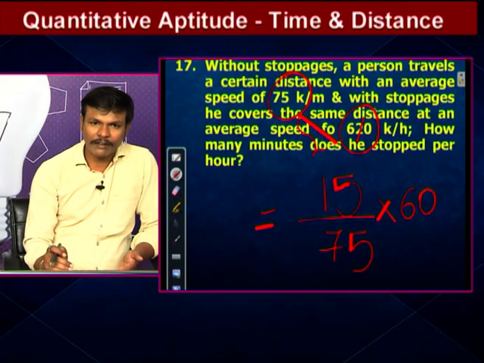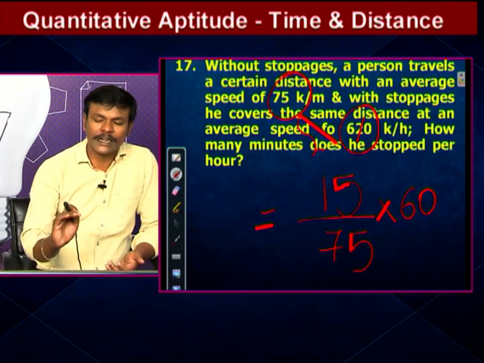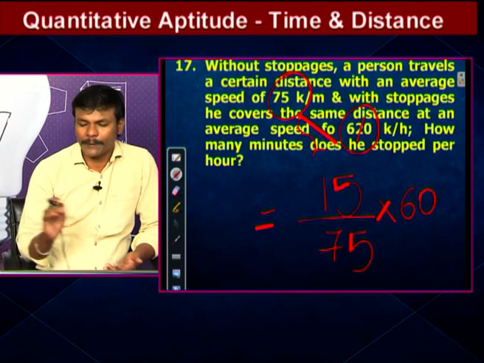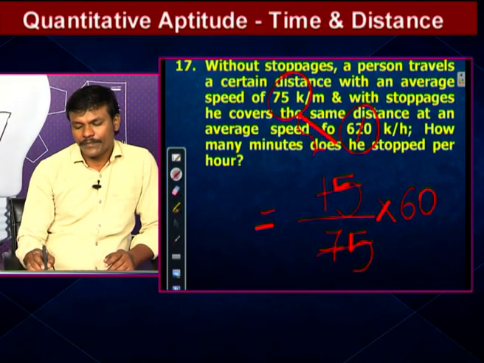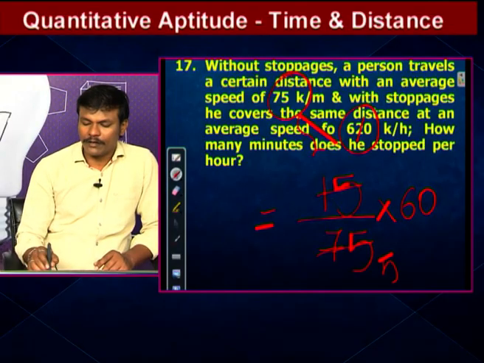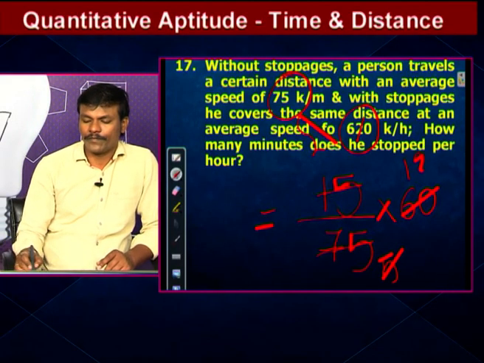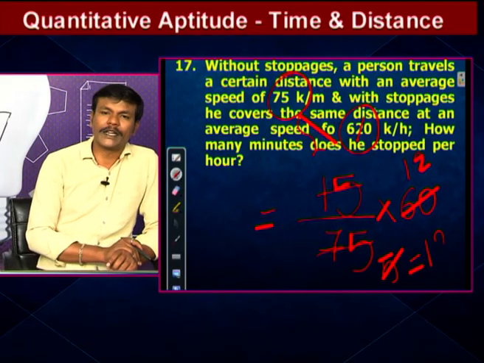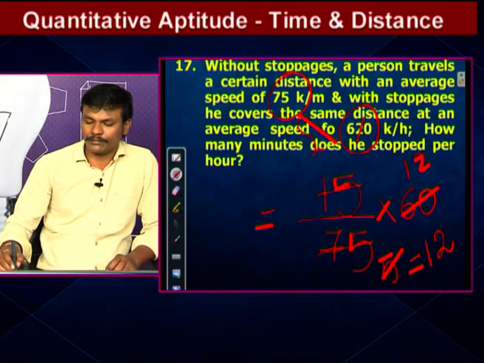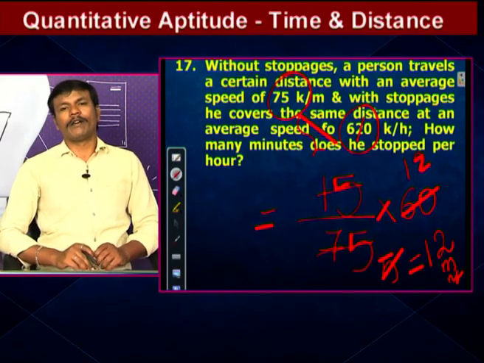So, out of 75, 15 kilometers of stoppages time will be 15 by 75 per hour. So, 60. 15, 5 is 75, 5 12 is simple. What is it? 12 minutes. 12 minutes he stopped per hour.